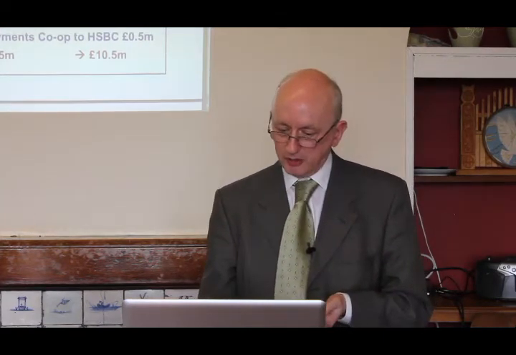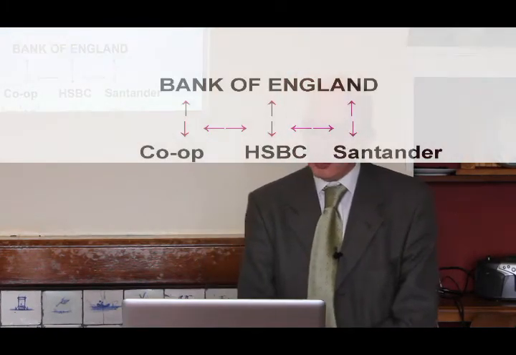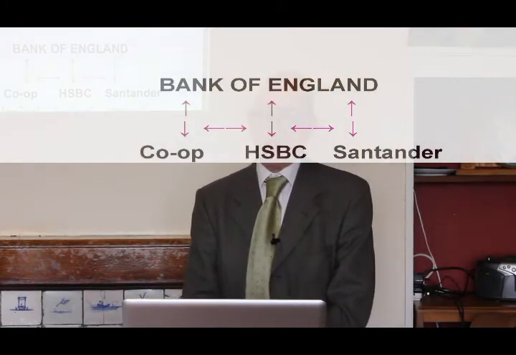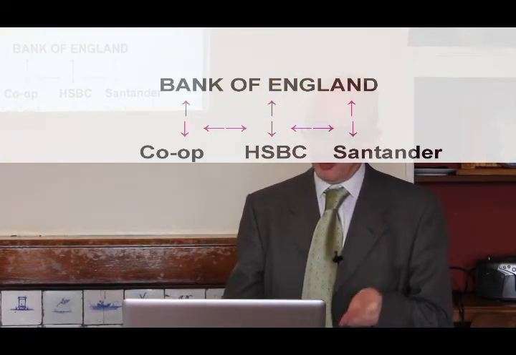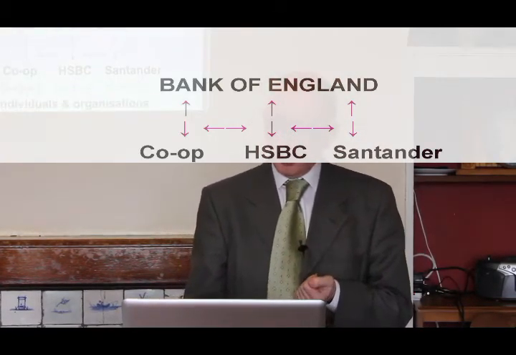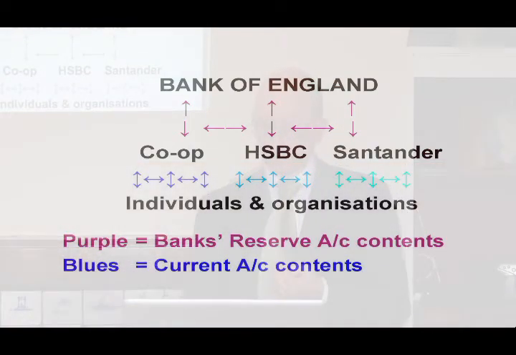So as has been mentioned, we've really got a two-tier money system. The commercial banks bank with the Bank of England, and transactions between them take place in that purple money, the reserve account money. And everybody else, all the rest of us, both private individuals and organisations, have accounts with the banks in those different shades of blue.